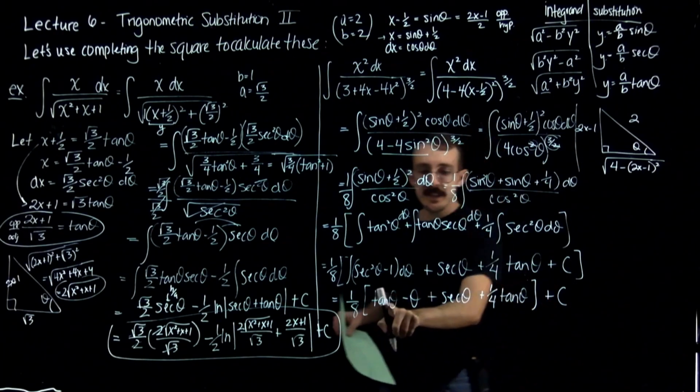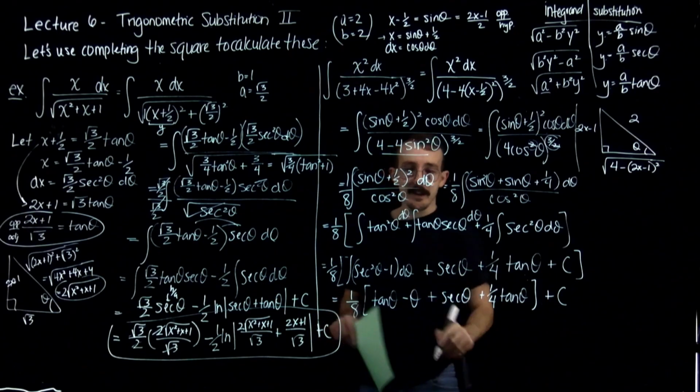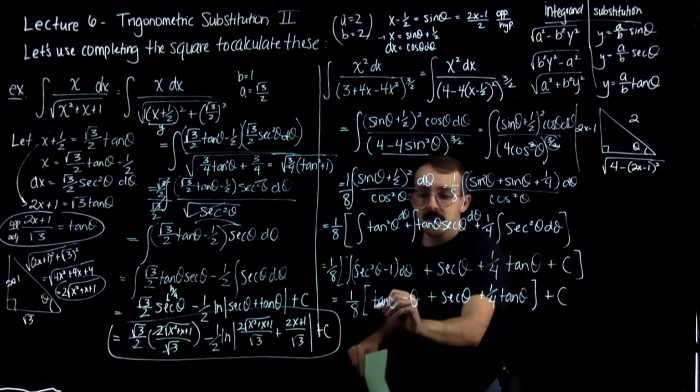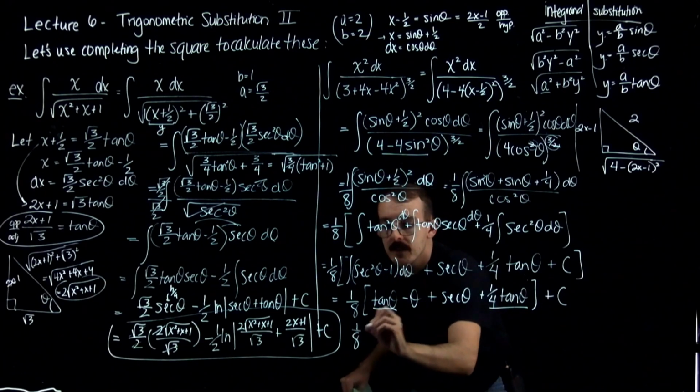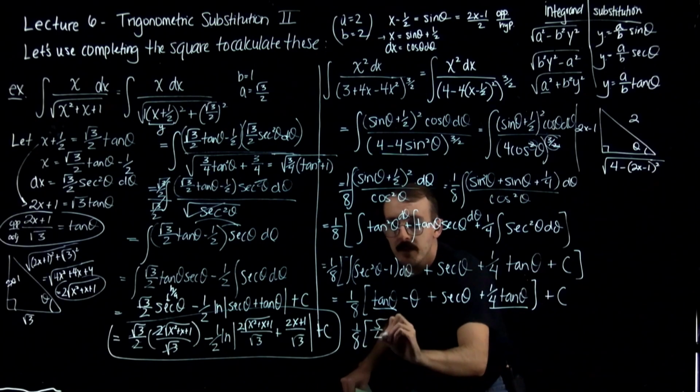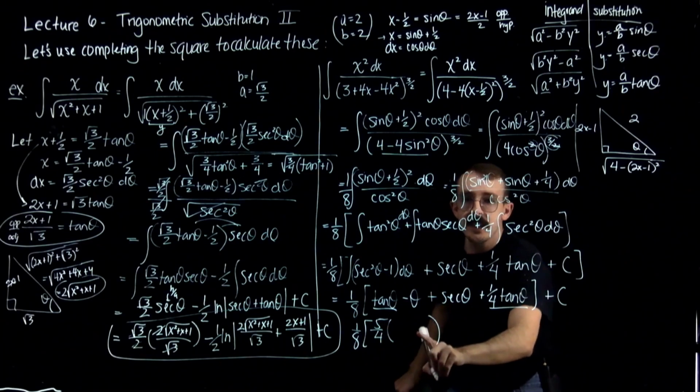The very last step is to plug all these back in. Notice these two go together, so I actually have 5/4 tangents, and I need to plug in what tangent is.